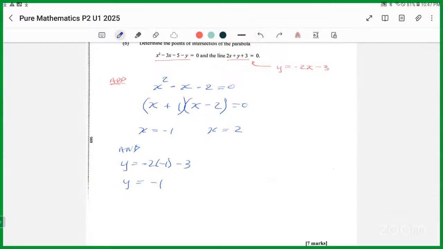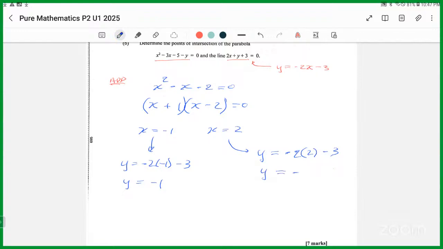And for this one, y equals minus 2 times 2 minus 3.